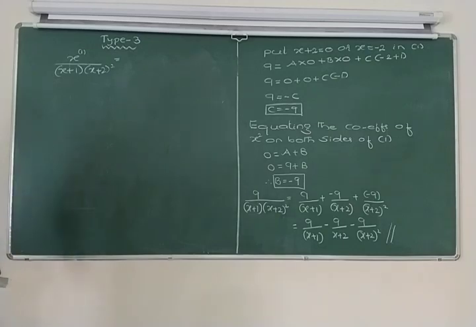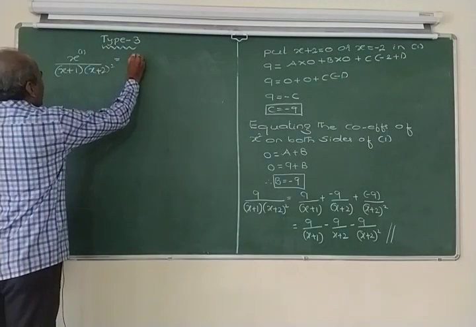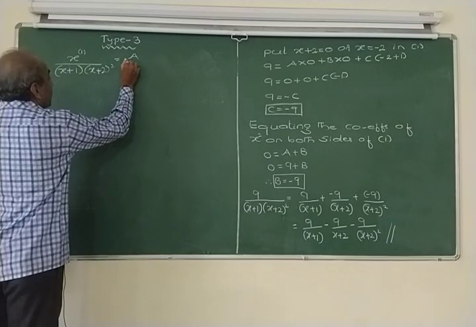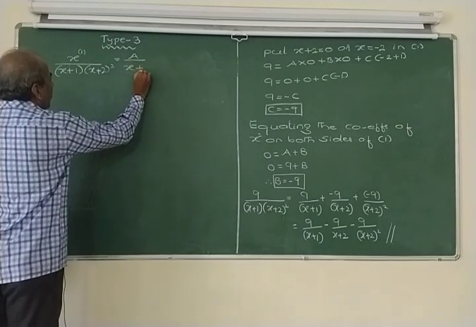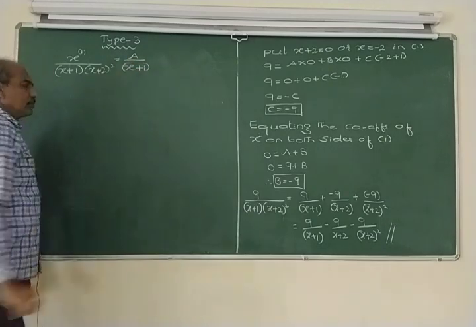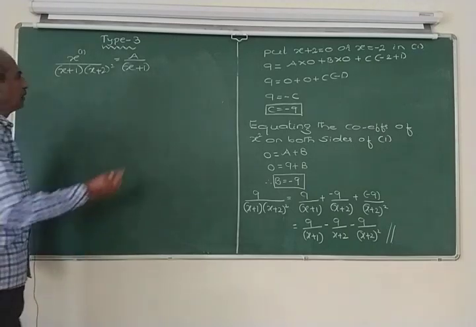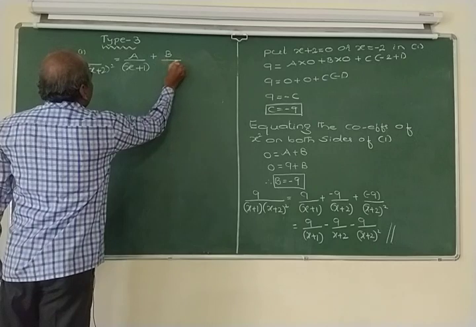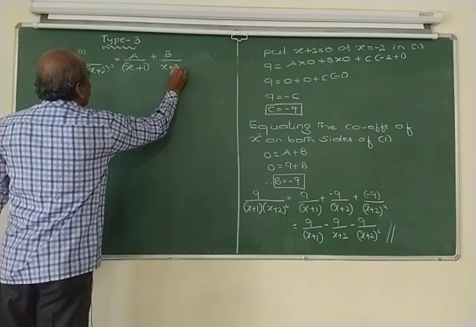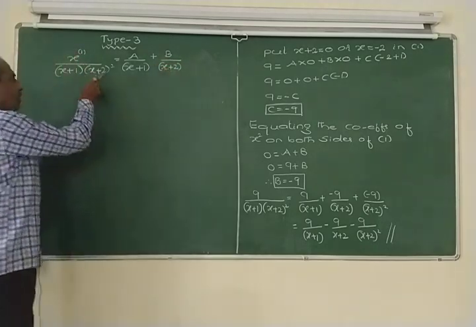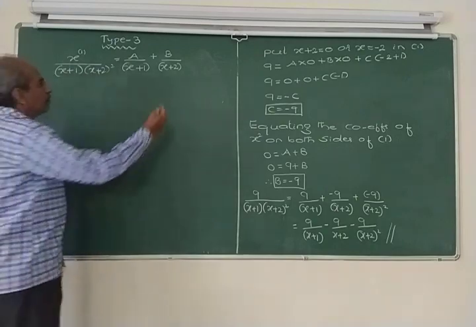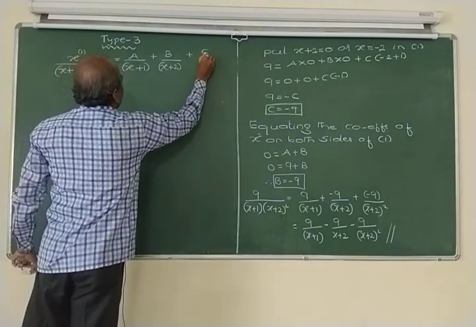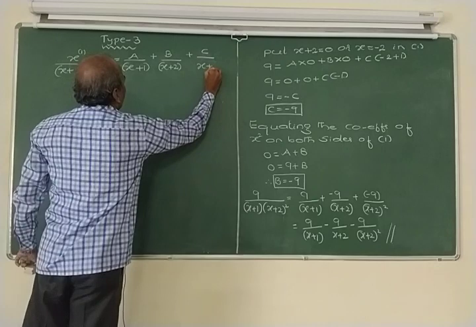Now, let us proceed. How? One linear factor is x plus 1, therefore, you must take like this always: A by x plus 1 plus B by a linear factor x plus 2, one linear factor among this you must take, plus C by repeated linear factor.